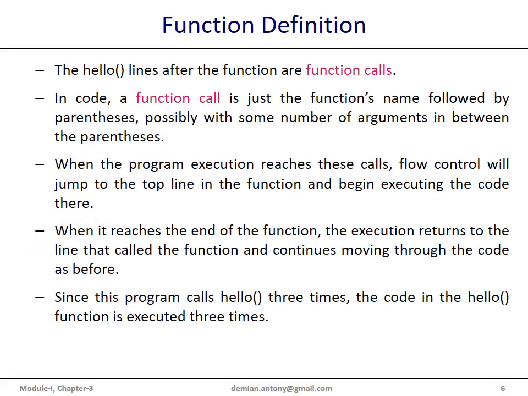Once the program control reaches the end of the function, the program execution control returns to the line which follows the function call in the calling program. That is normally the main program in the previous example. In this way, in the previous example, we have hello, how are you printed 3 times, as the hello function is called 3 times. The program control jumps to the function 3 times as there are 3 function calls.